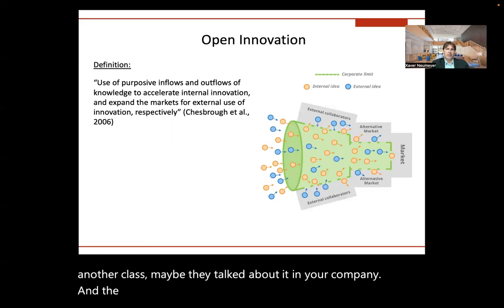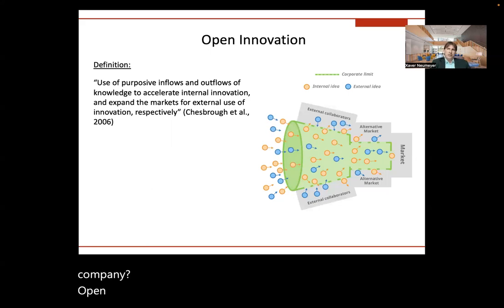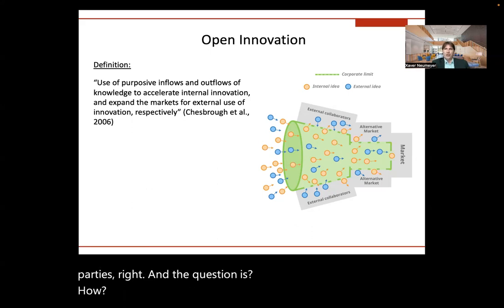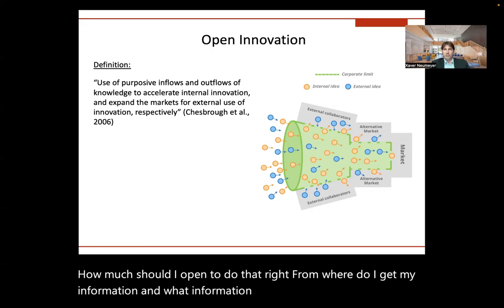That a company opens certain parts of its operations or R&D or strategy to outside parties, right? And the question is, how much should I open to do that? From where do I get my information, and what information do I want to share with other parties, right?